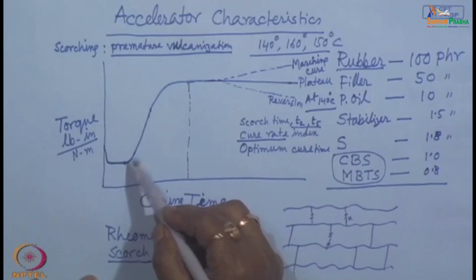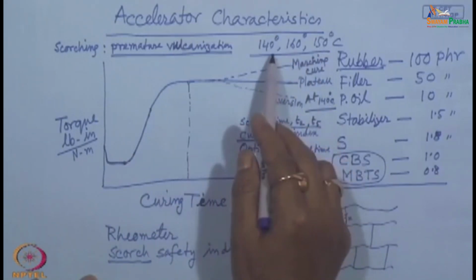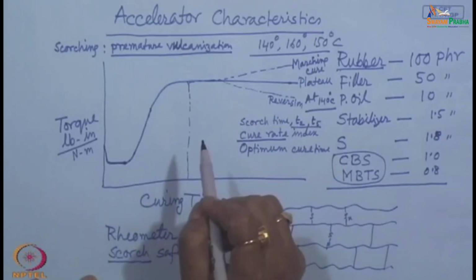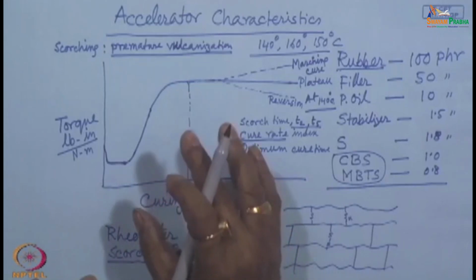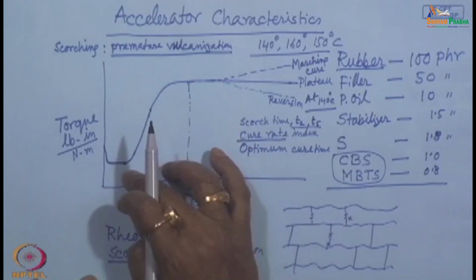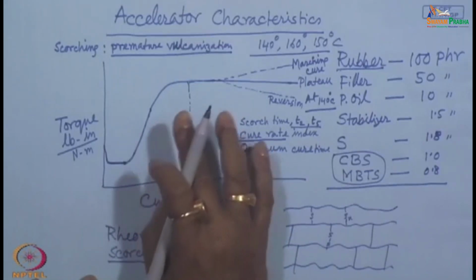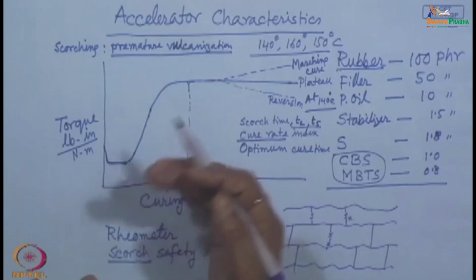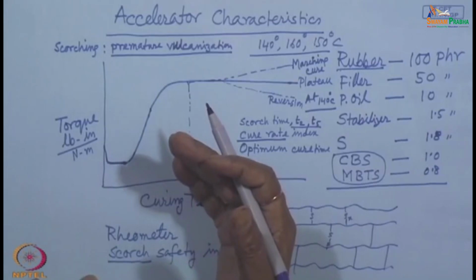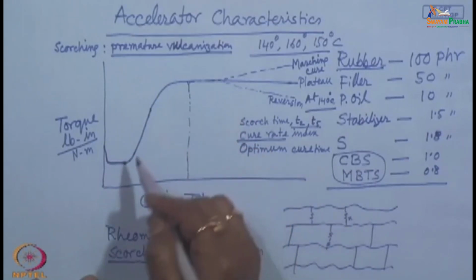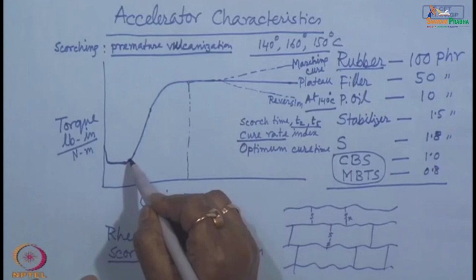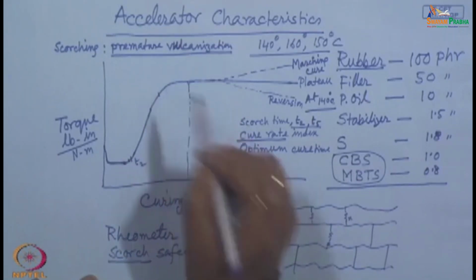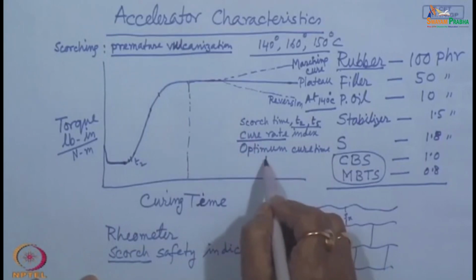That means at this high temperature of 150 or 160, this T2 value gives an indication that till 150 degrees Celsius, even if some reaction starts, only 2% of the crosslink can occur, or 1% of the crosslink can occur, or no crosslink can occur. So, this T2 can be over here, and optimum cure time is known as T90.